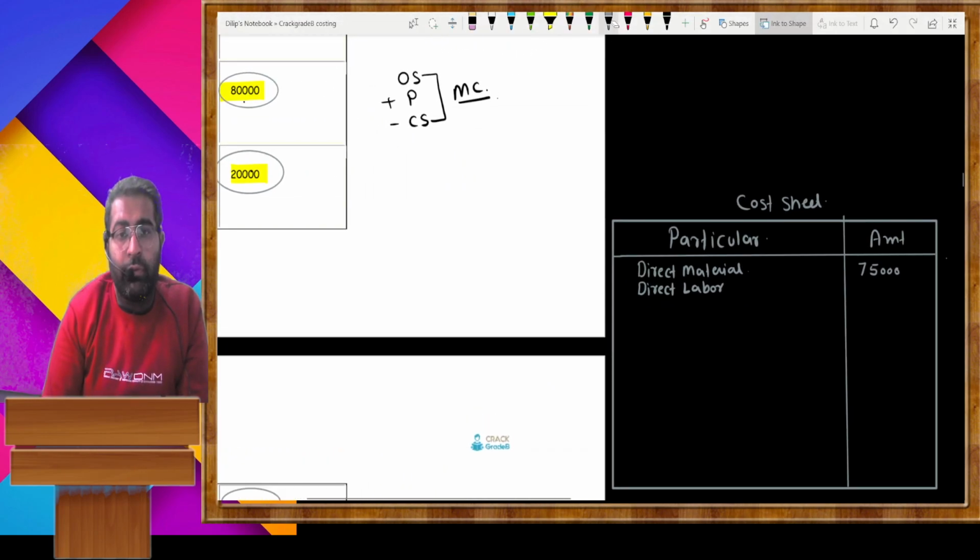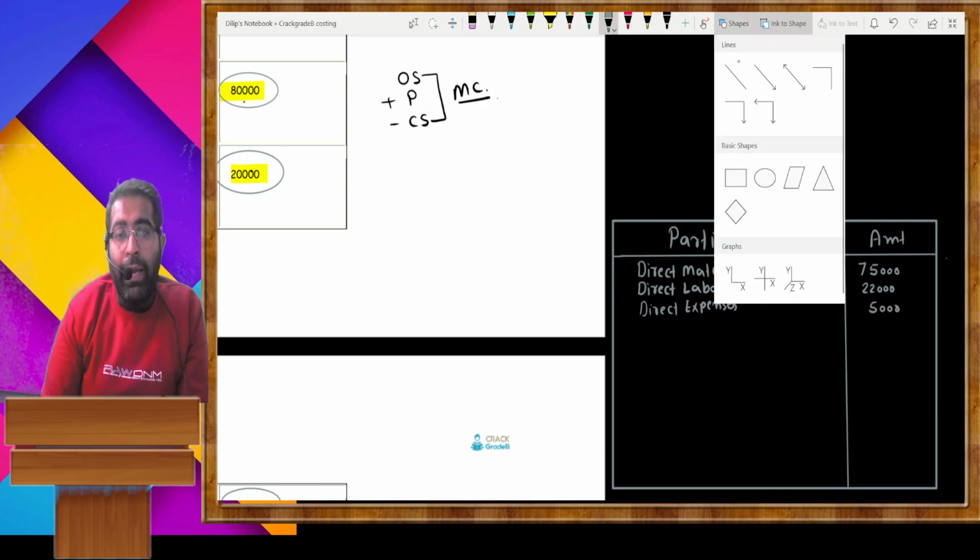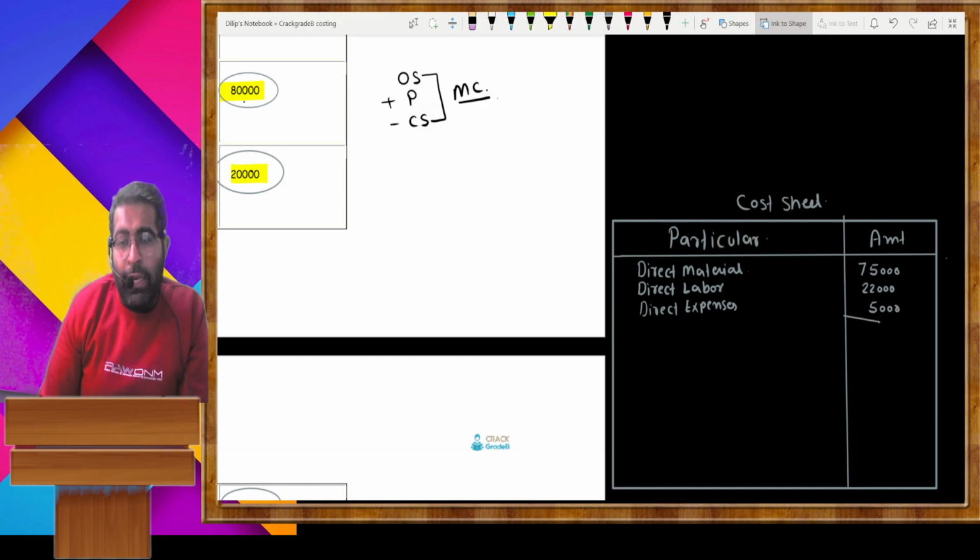Add 22,000. Direct expenses 5,000. By adding this, we will arrive at the point of prime cost.